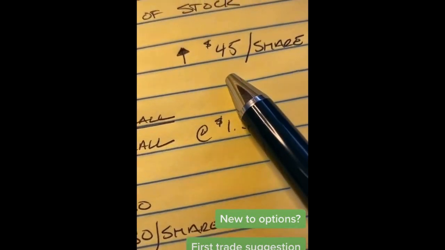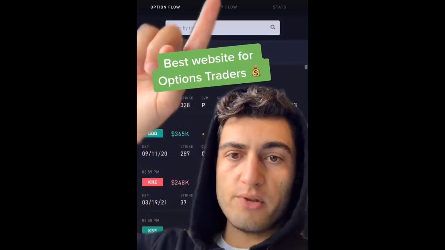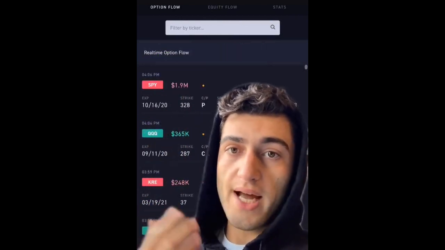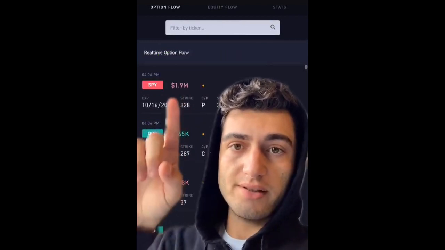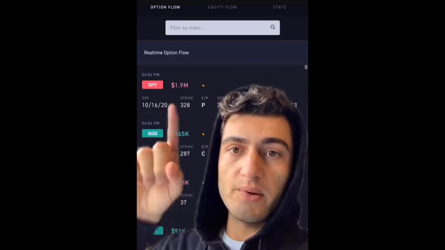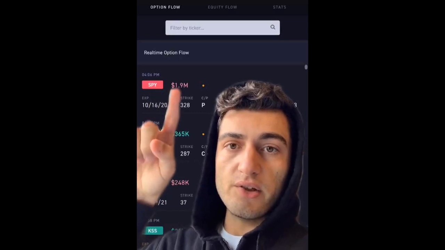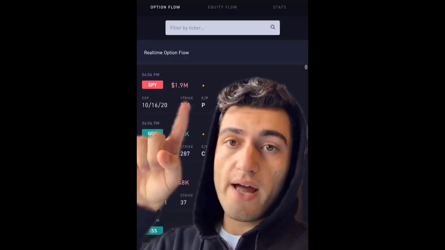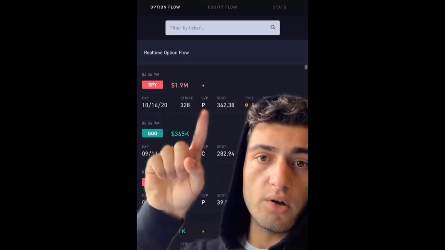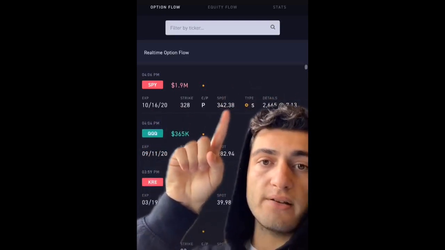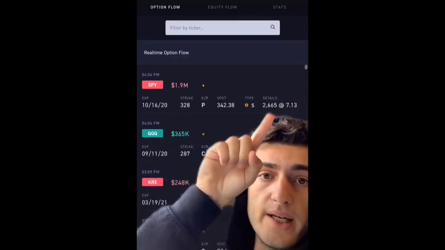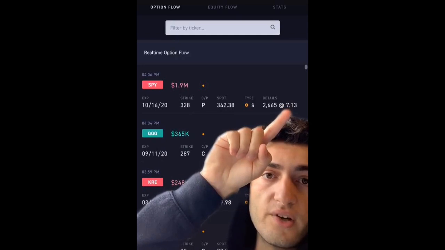Here's my favorite website for options traders called flowalgo.com. Basically, it shows you all of the options flow that's coming into the market. So you can see where these people with big money are, what they're buying. In this case, you see the ticker, the dollar amount of how much they invested, the expiration date, strike price, call or put, the actual price of the stock at the time they purchased this option, how many contracts, and what price of the contracts.